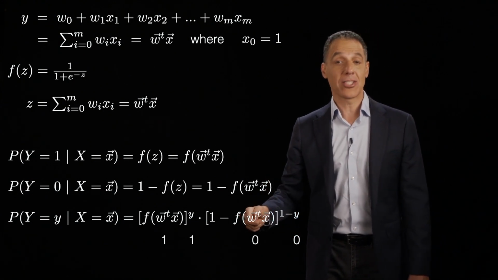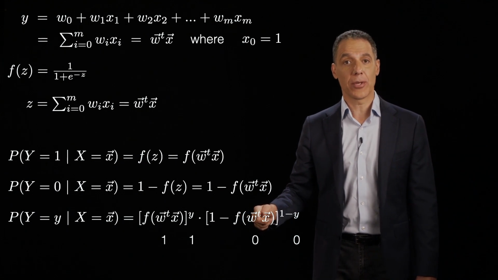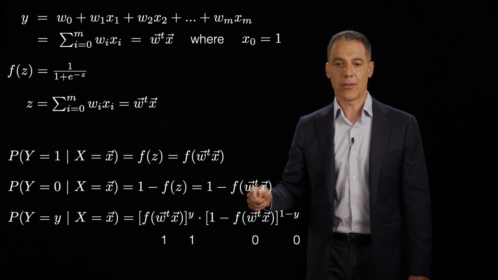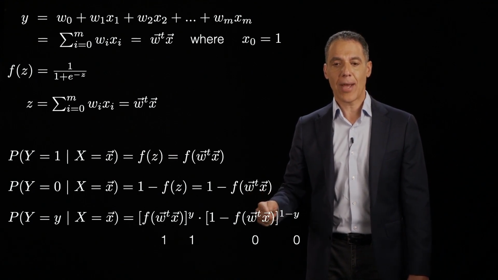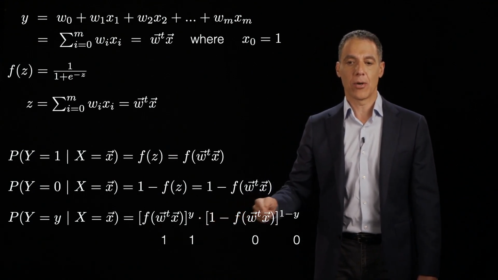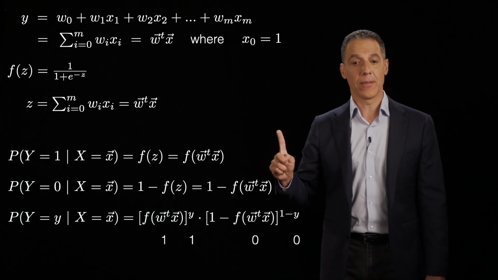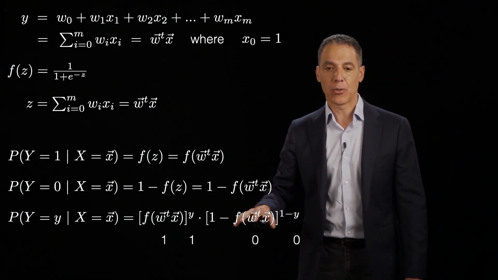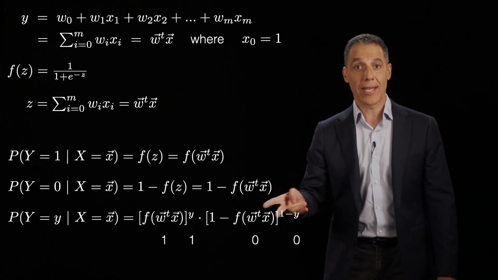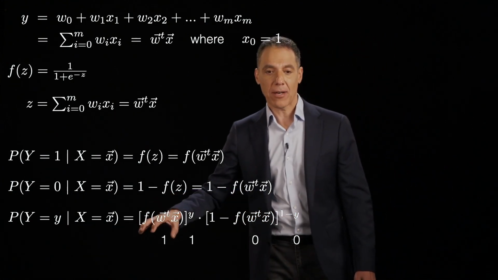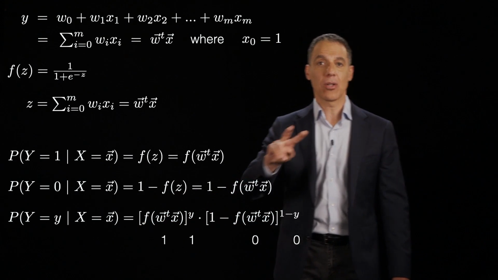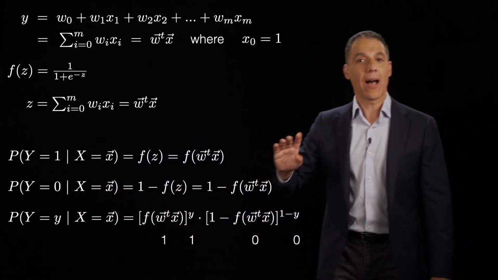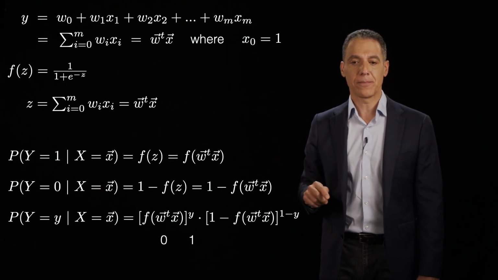And let's say that the model predicts 0 here also. So I took my data, I shoved it through the model, I shoved it through the nonlinearity, and it returns 0. So now I have 1 minus 0 to the power 1. That's 1. Good. So when this model output agrees with this label, 0 and 0, and this model output agrees with this label, 1 and 1, the product is 1. That's very cool. Very nice.